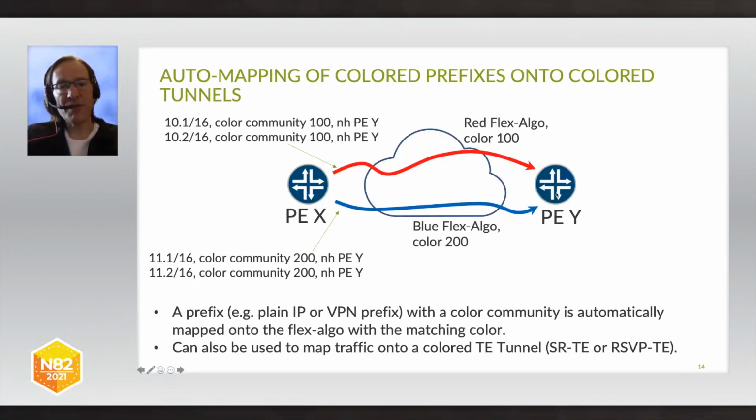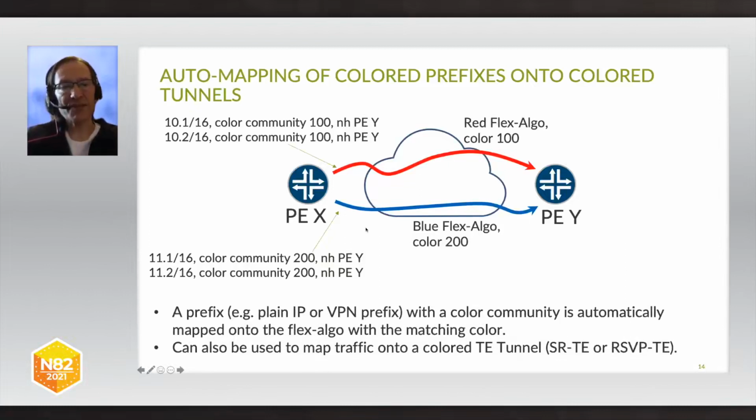And PEY has advertised various prefixes to PEX via BGP. Those actually are tagged with color communities. And so, for example, 10.1/16 and 10.2/16 have color community 100, while 11.1/16 and 11.2/16 have color community 200. And these could be plain internet prefixes or could be VPN prefixes.